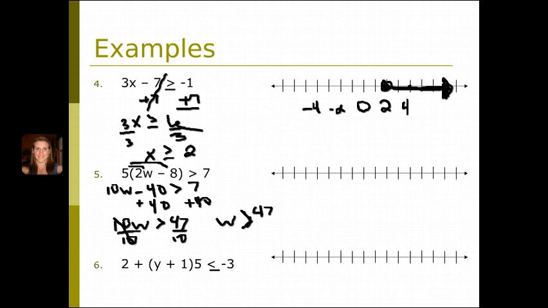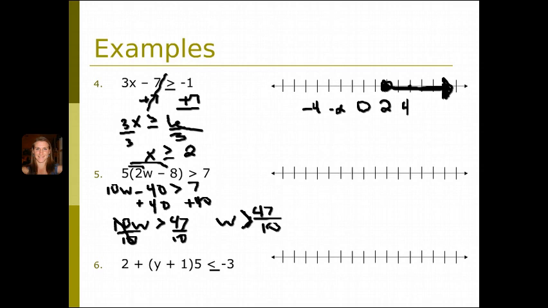Well, when we've got a fraction as our solution, sometimes it can be hard to figure out exactly where that fraction should go on the number line. So what I'd like for you to do is do 47 divided by 10 in your calculator, and you get the decimal 4.7. Well, 4.7, we know, falls between 4 and 5.